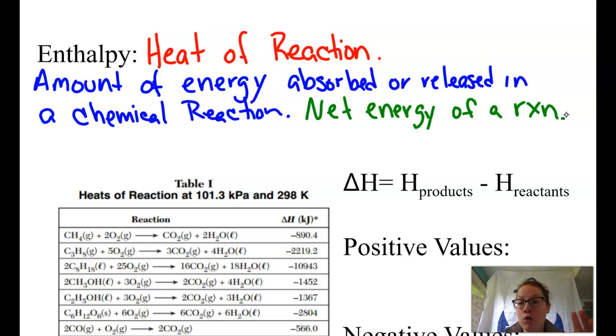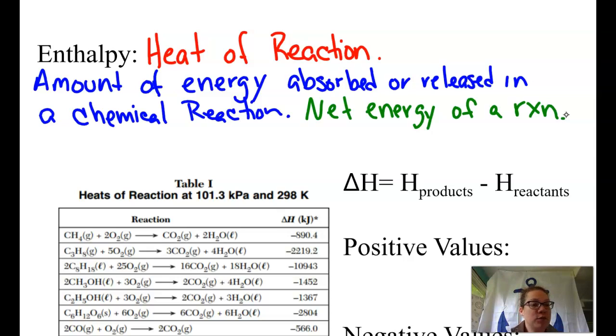We all know that when particles get closer together, energy is released, and when particles get further apart, energy is absorbed. So usually in a chemical reaction, particles need to, in the reactants, break their bonds and form new bonds. That means that there's an overall net energy to the reaction.